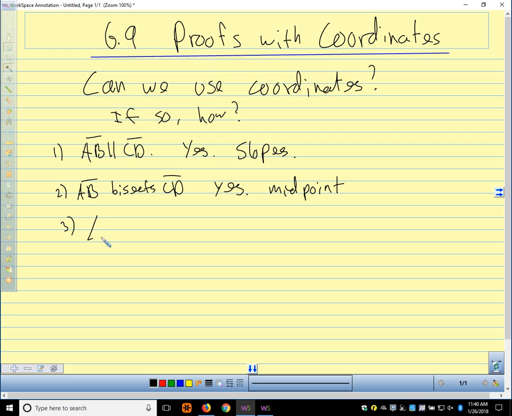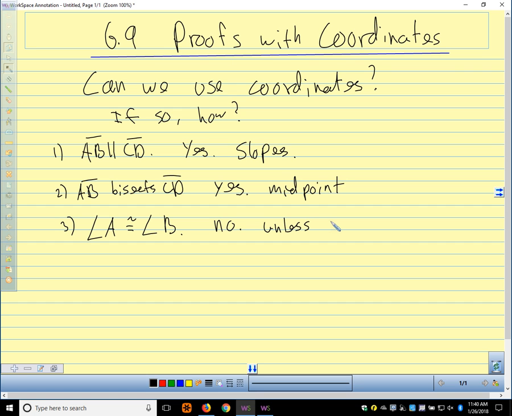Number 3, angle A congruent to angle B. Could we figure that out? Do coordinates, do slope, midpoint, distance, does any of that tell us anything about angles? No, not really. In general, coordinates don't tell us about angles. I'm going to say no unless, what would be a special case where we could tell two angles are the same?